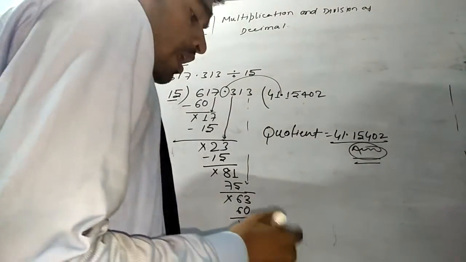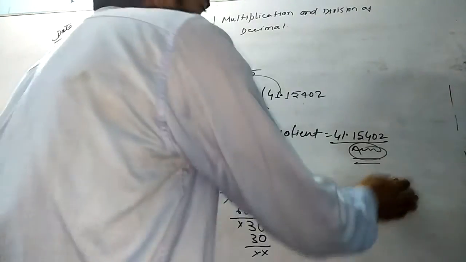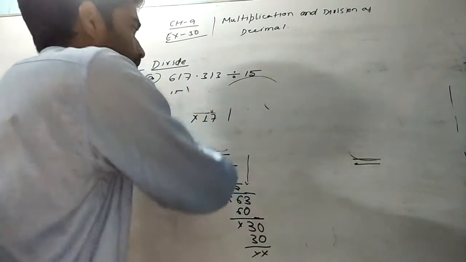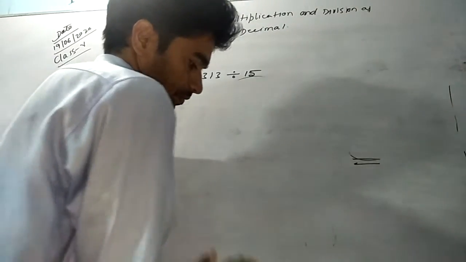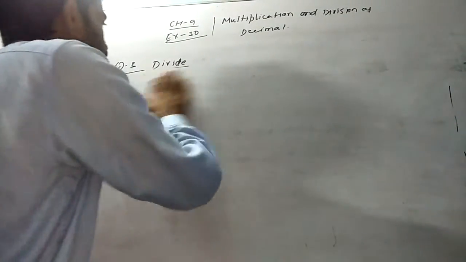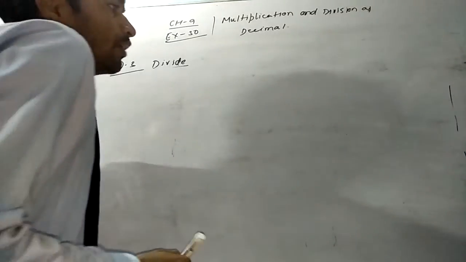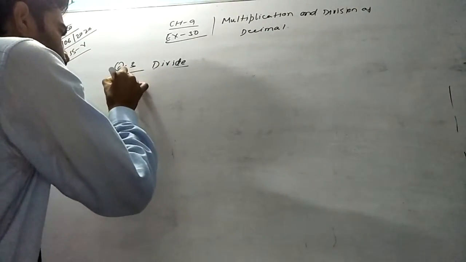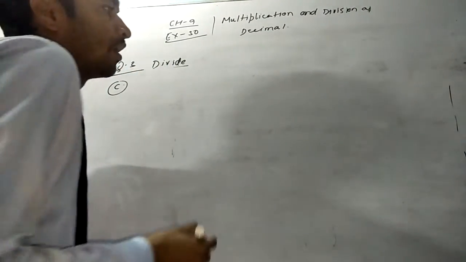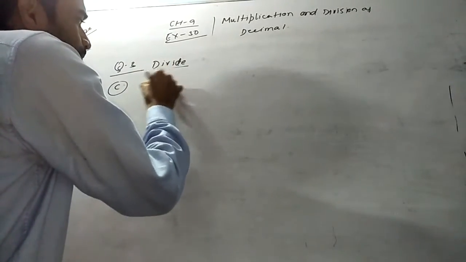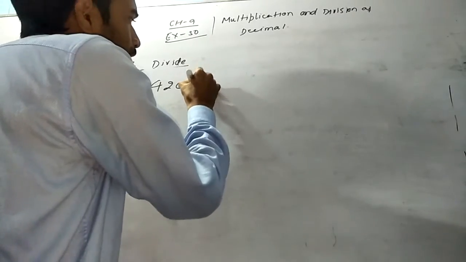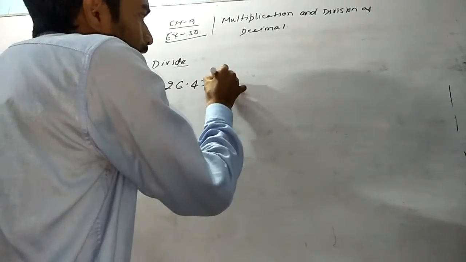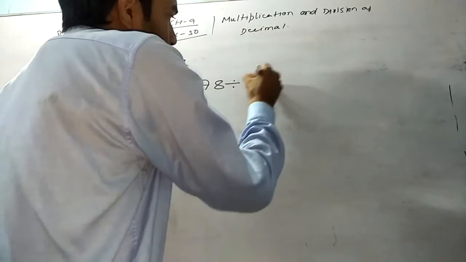Okay, and next question. Question number C. 426.478 divided by 16.